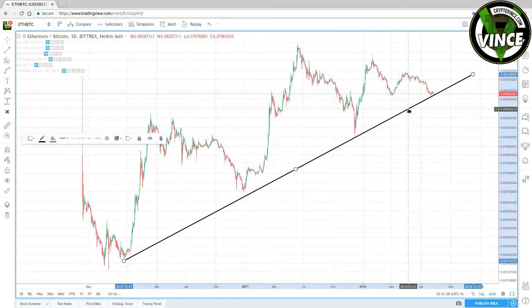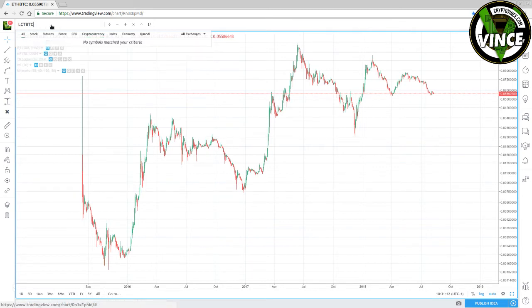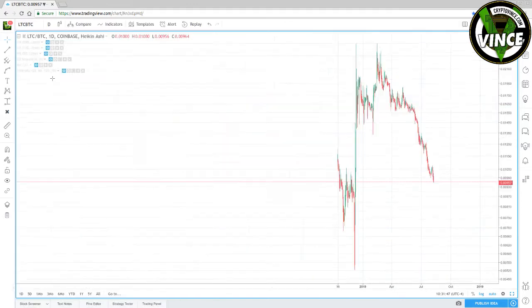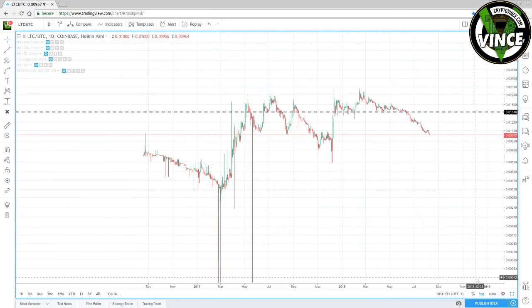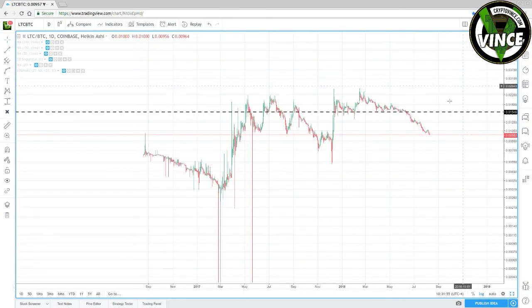So what to chart, what not, you have to be careful. I suggest switching the chart every time you want to look at some altcoin. If you want to see, for example, LTC BTC, they have a huge history. Every time a coin has a huge history, of course, it will change dramatically between logarithmic and linear scale, right?